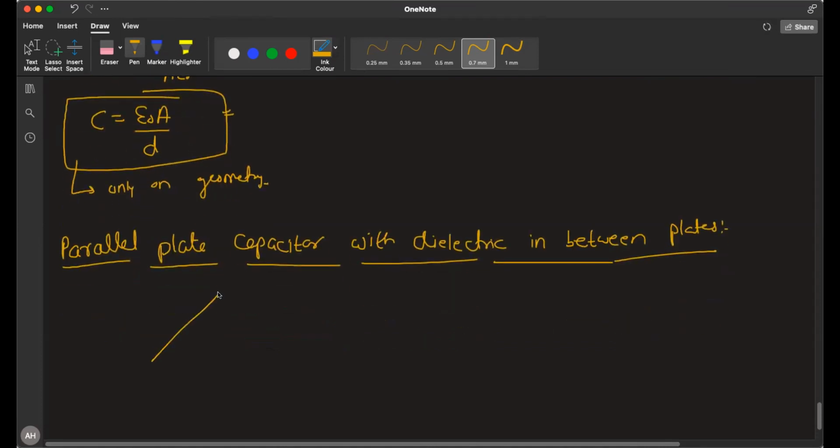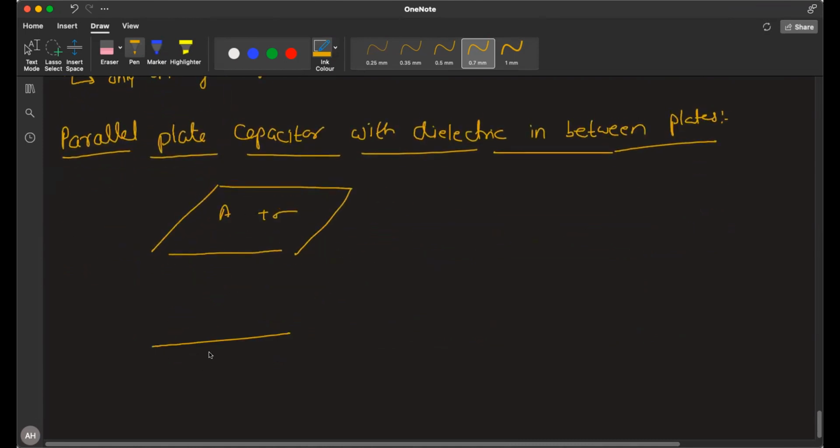These are two plates, one of area A with charge density plus sigma, another of area A with charge density minus sigma, and the medium between them is some dielectric, like glass or some other non-conducting material than air. The separation between them is D.